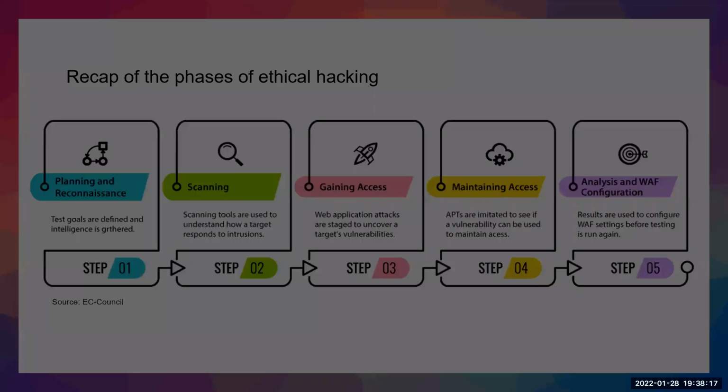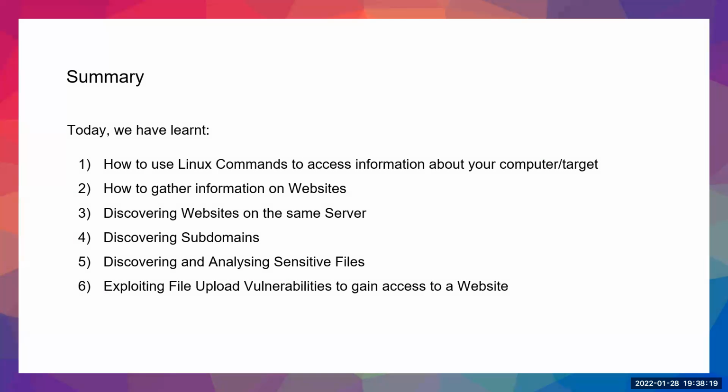To summarize what we have learned today, we learned how to use the Linux command to access a computer and a target. We also learned how to gather information on websites through the list which I have listed in the slides. Even though those lists are not exhaustive, if you manage to find more interesting, more useful websites, those will also be relevant.